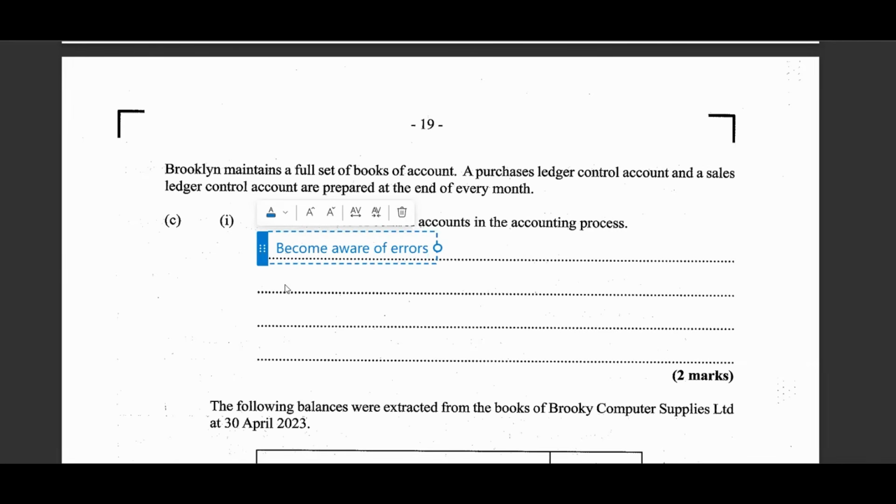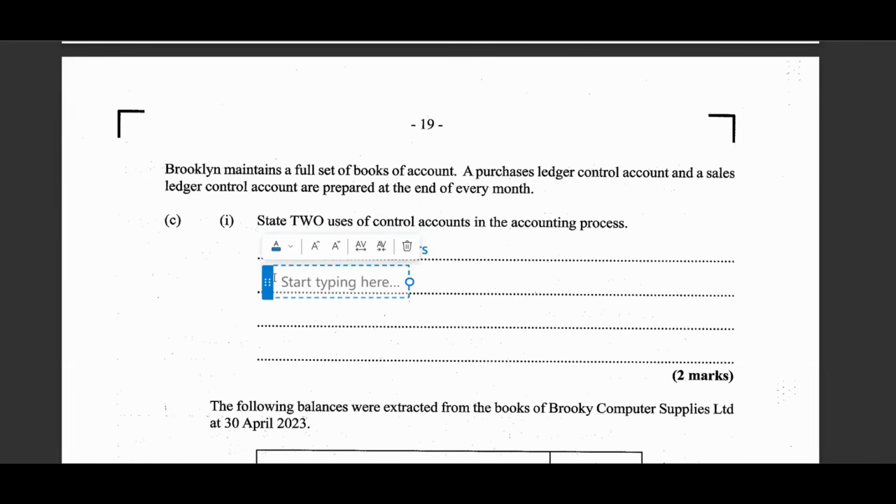Good. And also to determine the value of debtors and creditors quickly. Great.